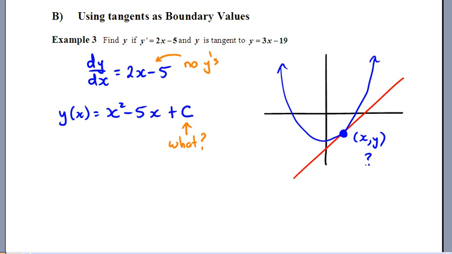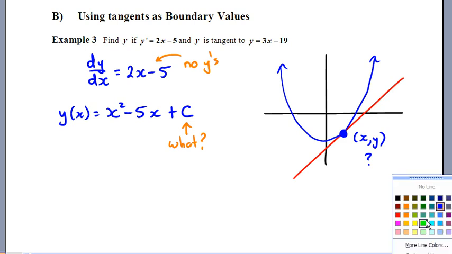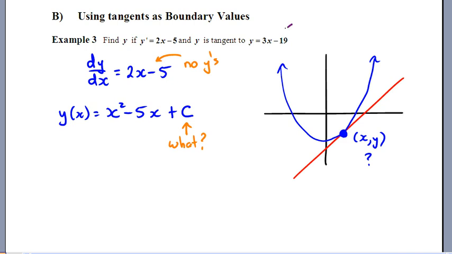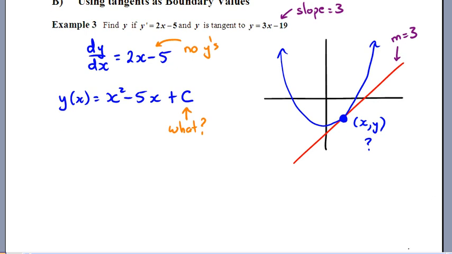But there is one thing that I do know, just from my knowledge from grade 10. This line here has a slope that's equal to 3, right? So this tangent line, it's got a slope that's equal to 3. So at the moment of tangency, right at that big blue dot that I've got there, that blue parabola must have a slope of 3.